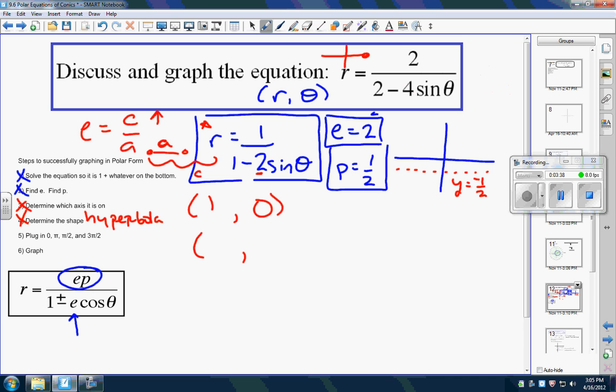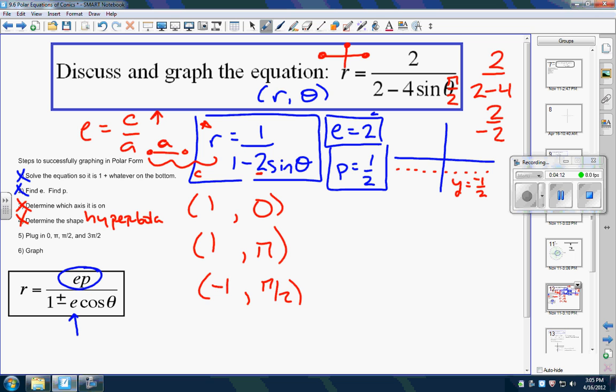Next, I'm going to go plug in a pi. So sine of pi is over here. It's the same thing. Sine of pi is 0. That entire thing goes away. I got a 1, pi. Next, I'm going to plug in a pi over 2. So sine of pi over 2 is up top. That's a 1. So this is 2 over 2 minus 4.